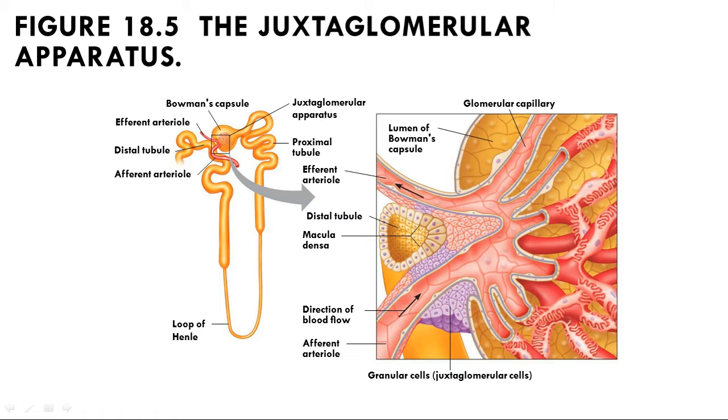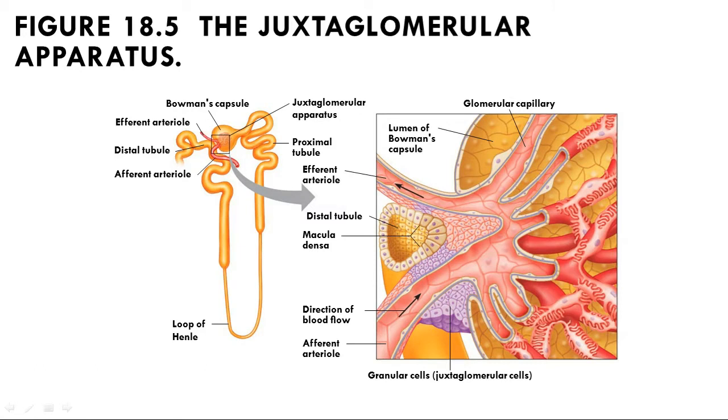So if the blood pressure gets too high, these will detect that pressure and respond by doing what? Constricting, to maintain homeostasis, to maintain a set point in diameter, a set point in blood flow.